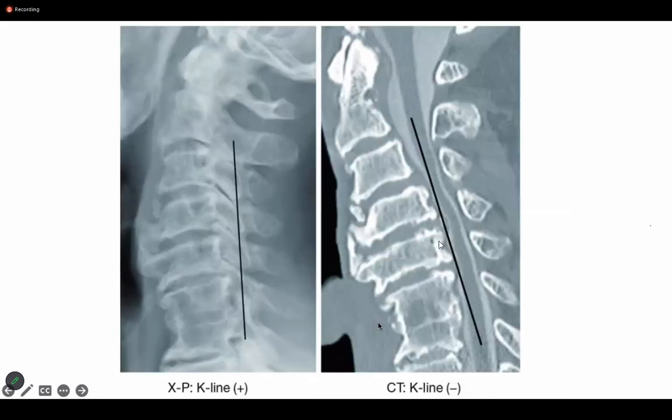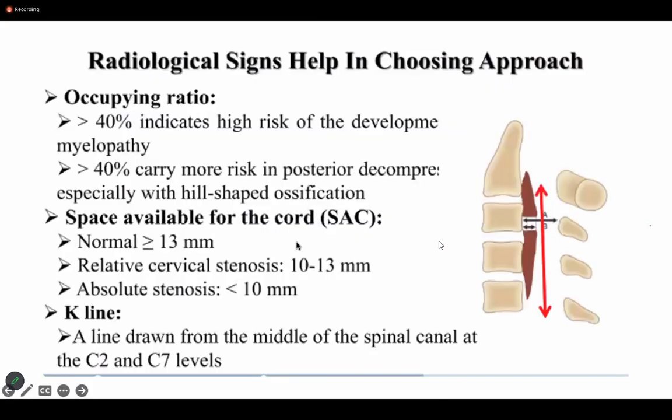X-ray is K-line positive and in CT, K-line negative. Radiological findings help the doctor choose the approach when doing surgeries.